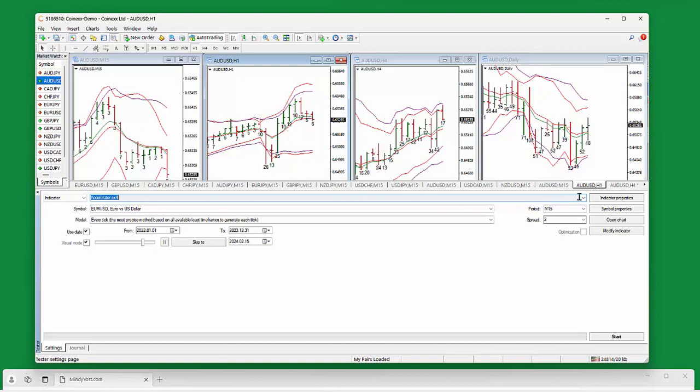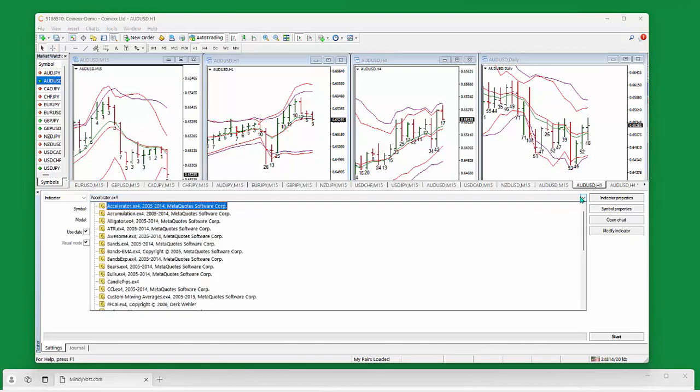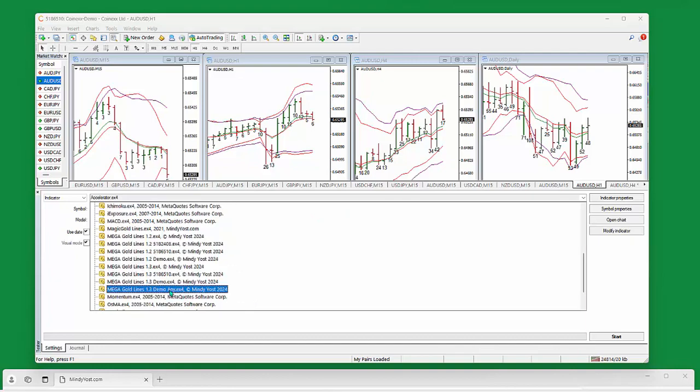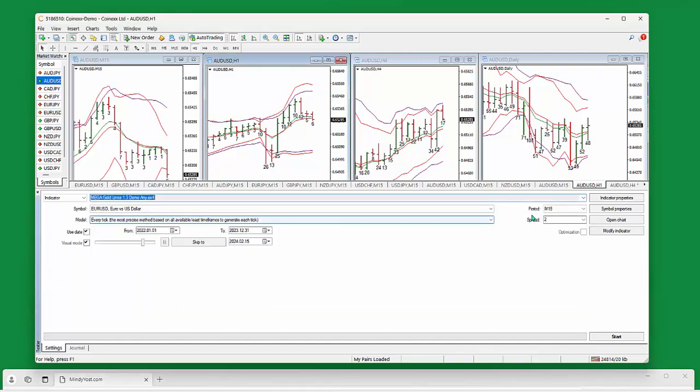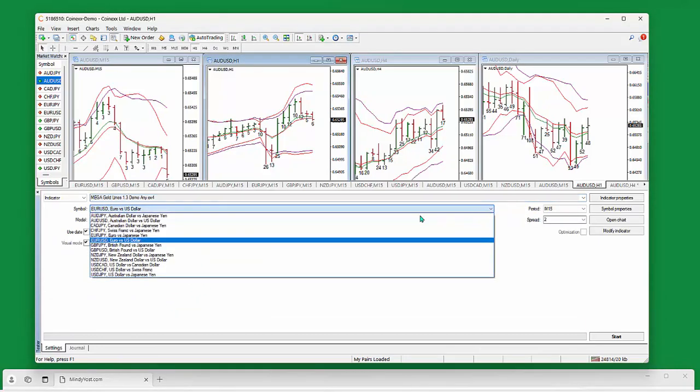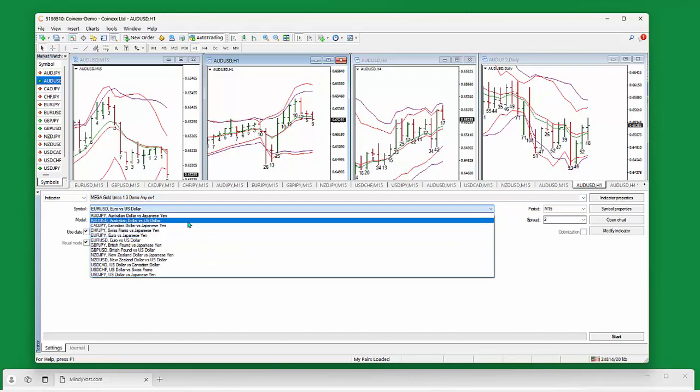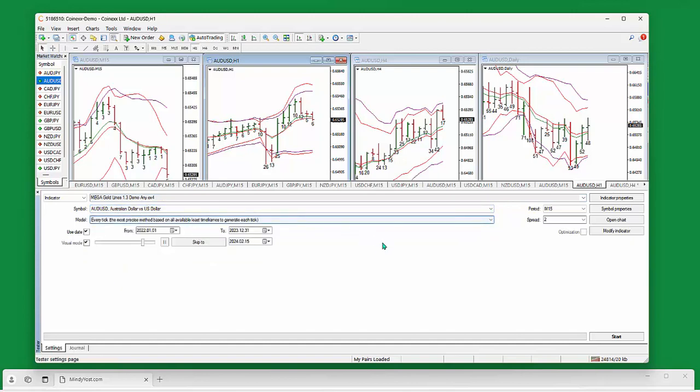And then we would go over here and select which indicator we want to test. This one. And then let's do AUD/USD. So we'll set it for AUD/USD.